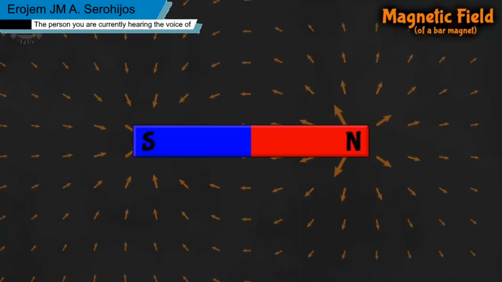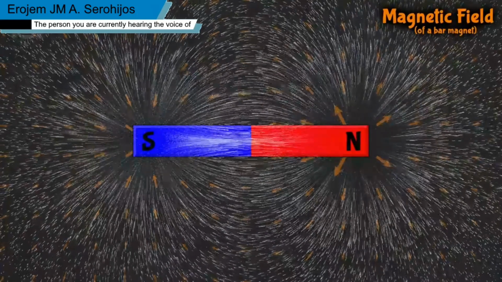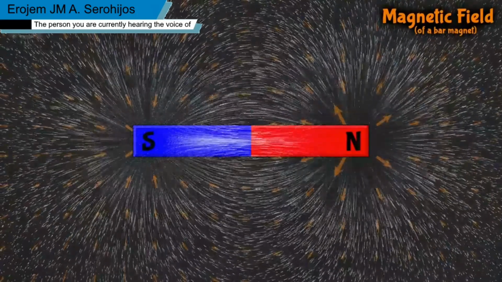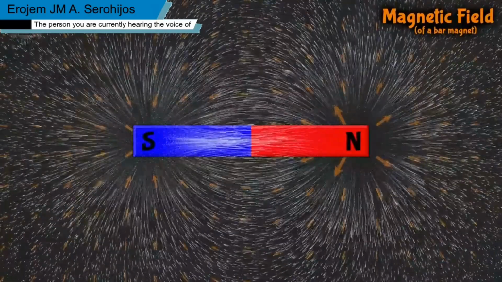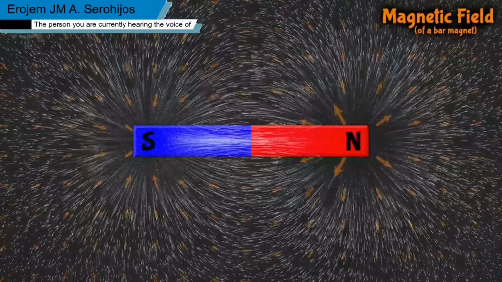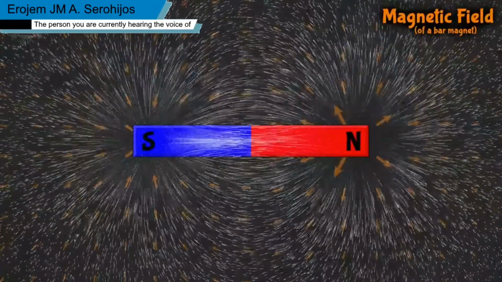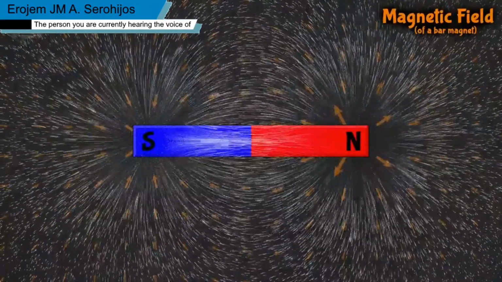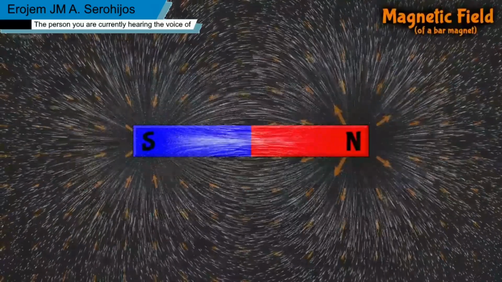However, the poles of a magnetic field are actually not the start nor the end of magnetic field vectors. As you can see in the visual, this is what a magnetic field actually looks like. The magnetic field vectors continue to flow through the magnet. They don't actually emanate from the North Pole or get absorbed by the South Pole.